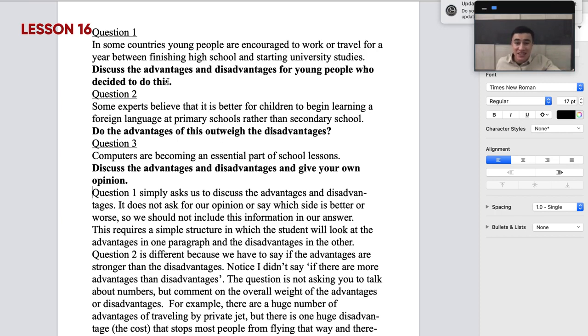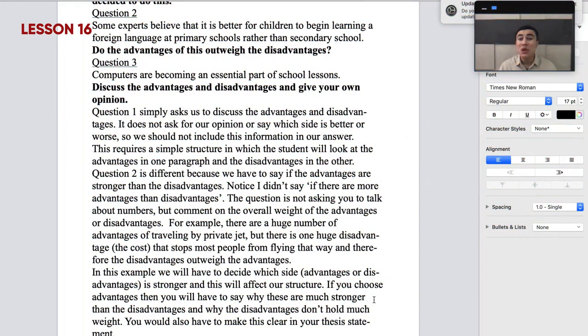Okay, question number 2 is slightly different because here you have to say if the advantages are stronger than disadvantages. Notice, I didn't say if there are more advantages than disadvantages. The question is not asking you to talk about numbers, but comment on the overall weight of the advantages or disadvantages.